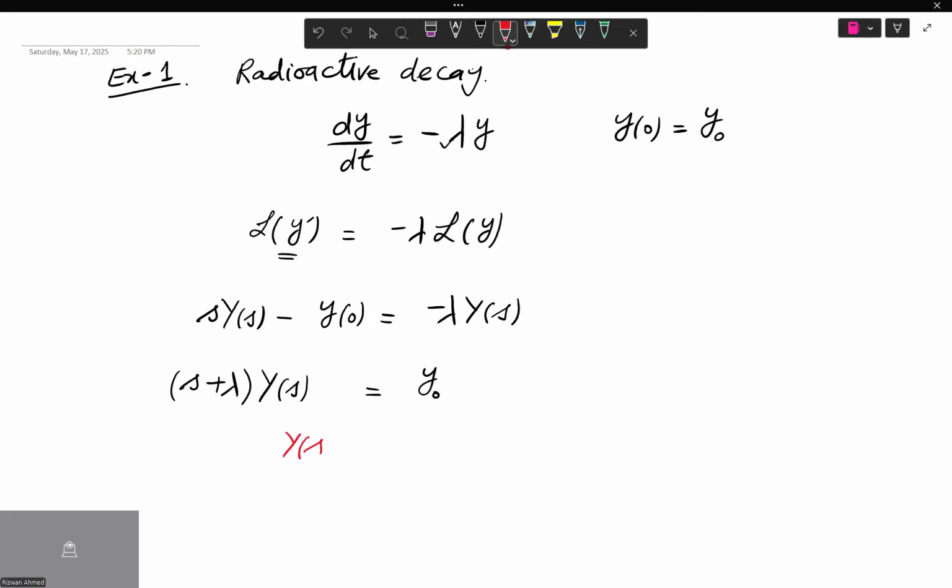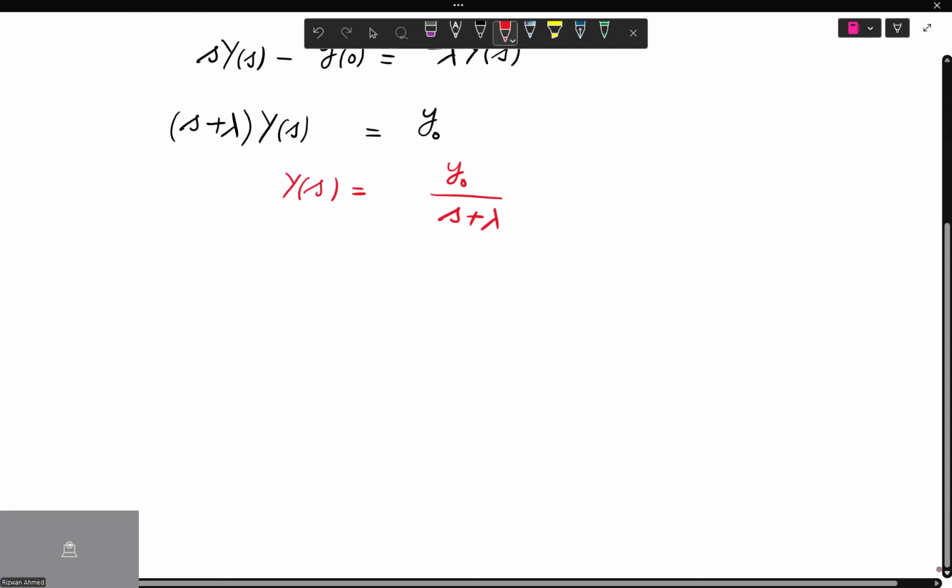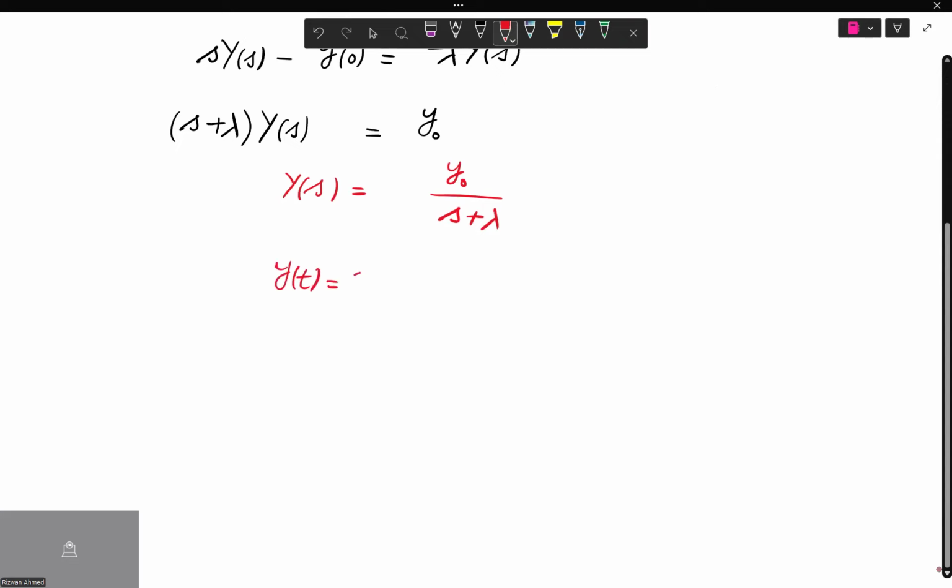So Y of s becomes y naught over s plus lambda. So having the complete equation transformed by the Laplace transformation, we can generate the solution y of t by taking the inverse transform.